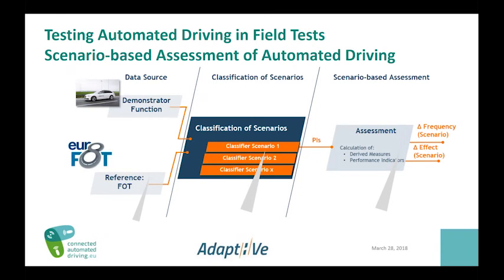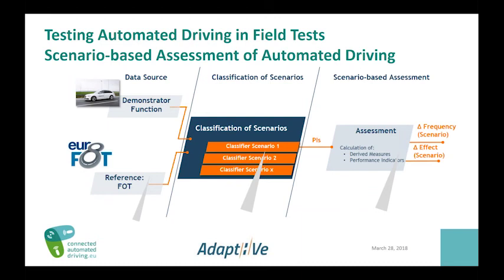And if you click a couple of times, you see the differences between the rule-based and now the machine learning-based approach, where you of course need a training set of data in order to train the machine learning classifier. But we had this data available from EuroFOT, where we had a lot of rule-based annotation of scenarios, and all the classification was available. So this is something which we needed in order to perform our assessment.